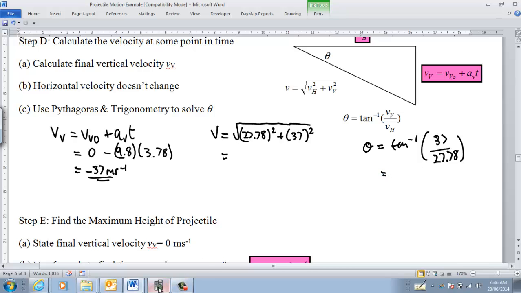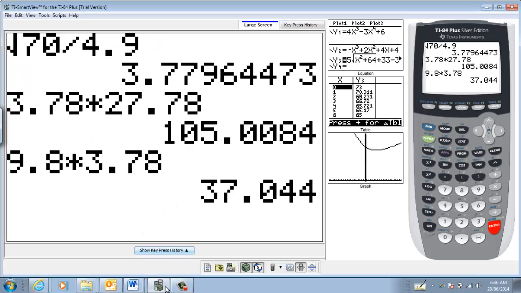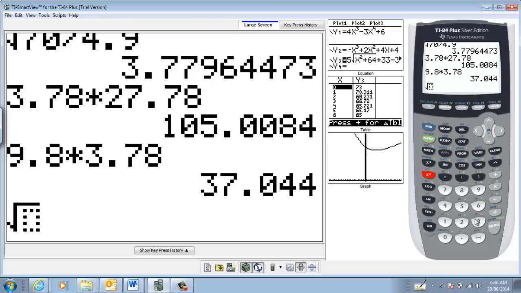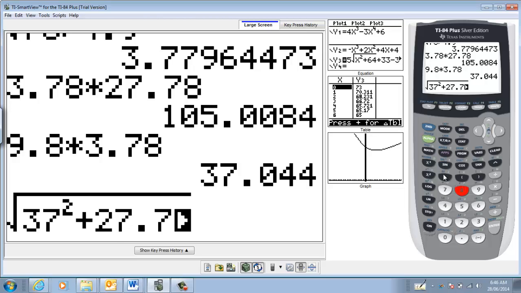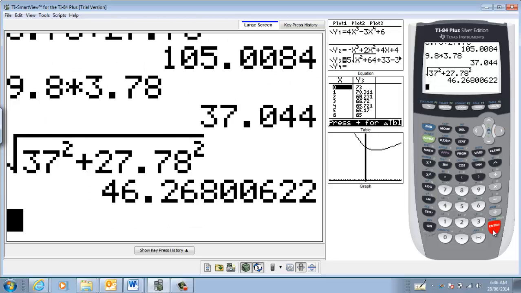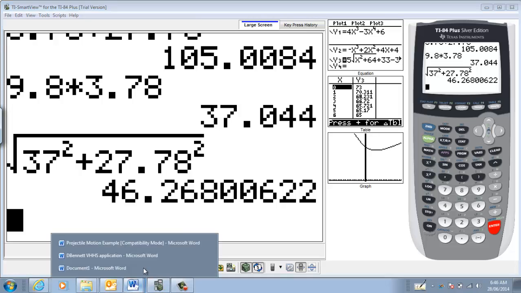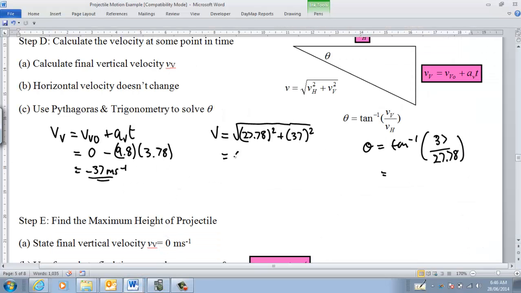Alright, so let's go and do that. If we do the Pythag first, 37 squared plus 27.78 squared, it's going to give us an answer of 46.3 meters per second.